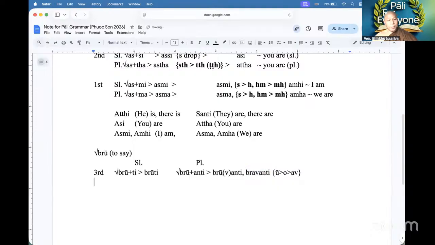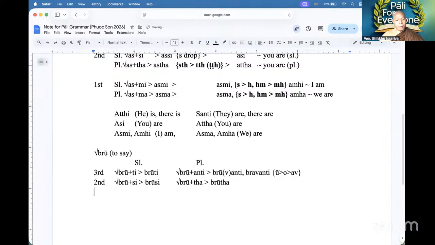And then for the second person also, brew and si, but just brew si. We don't need to do anything. For the second person plural, brew and ta, so just brew ta.